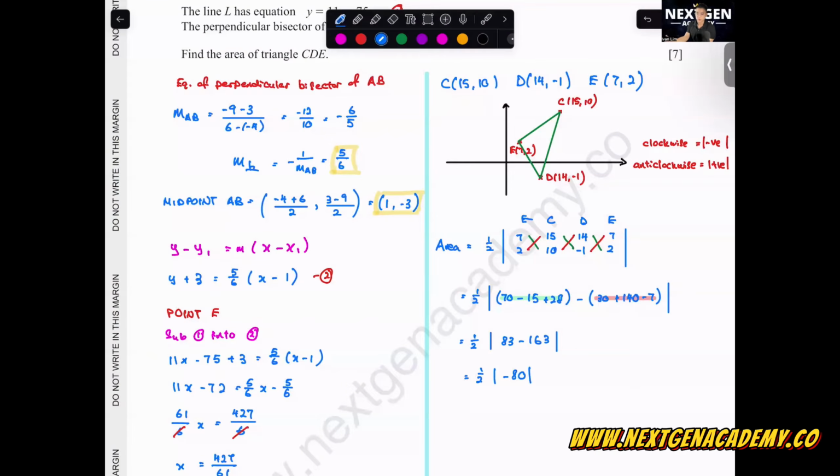If I get positive, then maybe one of my points is wrong, or maybe my calculation is wrong. Change it to positive, then the final answer is 40 units. You can just write 40. This is the area of CDE.